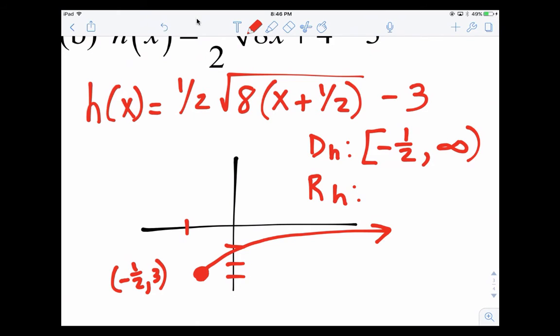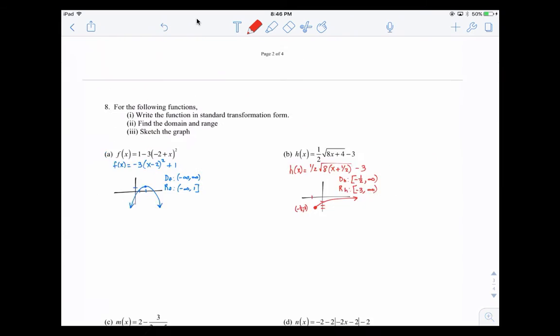All my y values, the lowest y value that I have is 3, and then they're all going up from there. So that's actually negative 3, sorry about that. That's negative 3 to positive infinity. Alright, so that's a rough sketch of what that graph looks like.